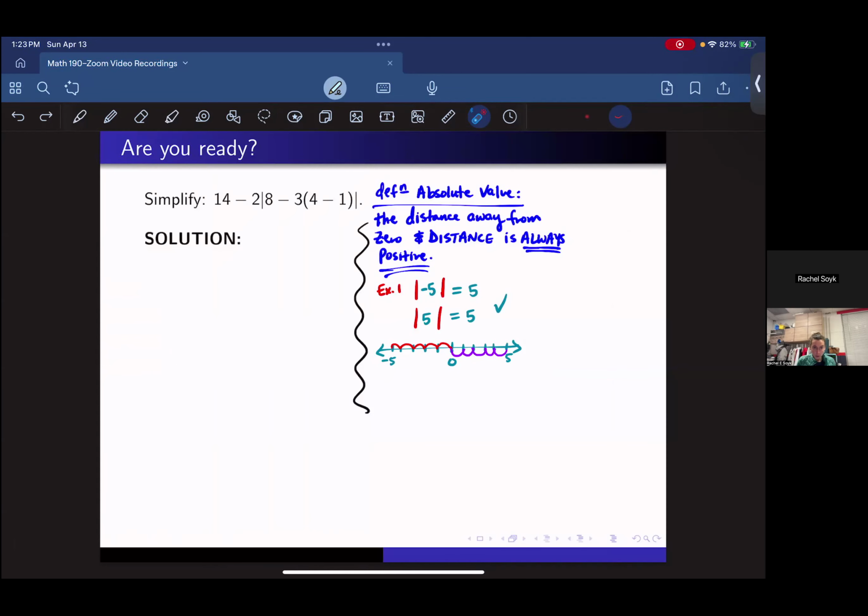We'll start off with a warm-up problem dealing with our good old order of operations, and then utilizing also our absolute value function. So first off, what is the formal definition of absolute value? It's simply the distance away from zero. And then one thing to point out is that distance is always, always positive.